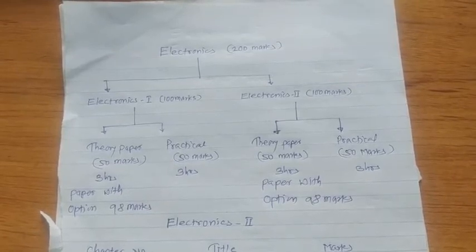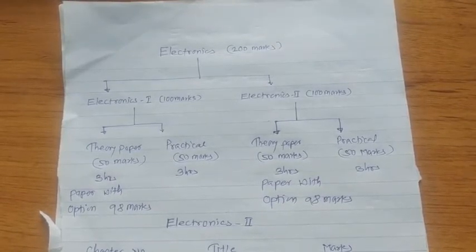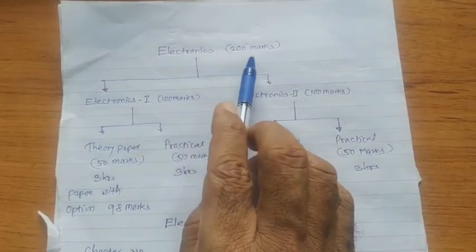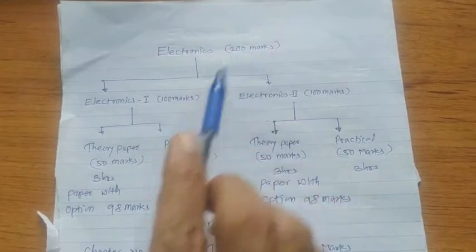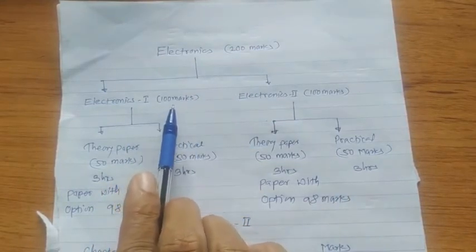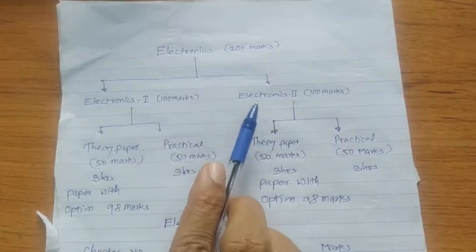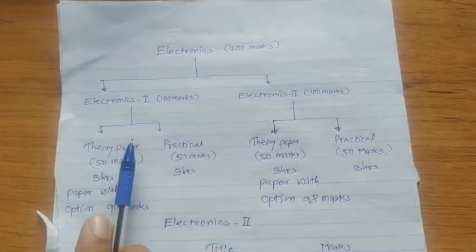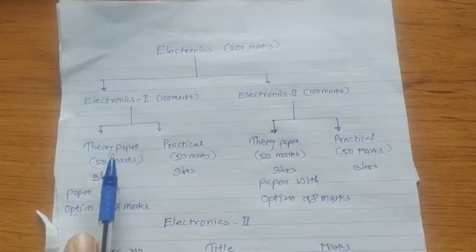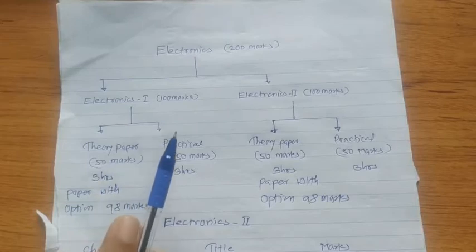I am going to teach Electronics Second. Electronics has 200 marks and is divided into two sections, Electronics First and Electronics Second. Electronics First and Second are each 50 marks for the theory paper and 50 marks for practical.